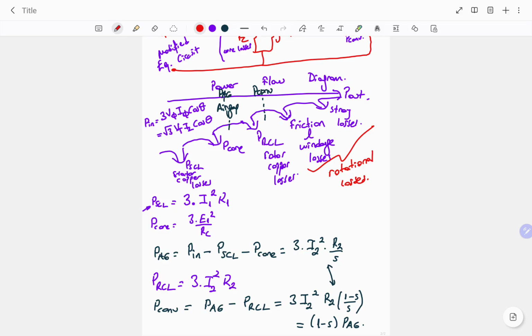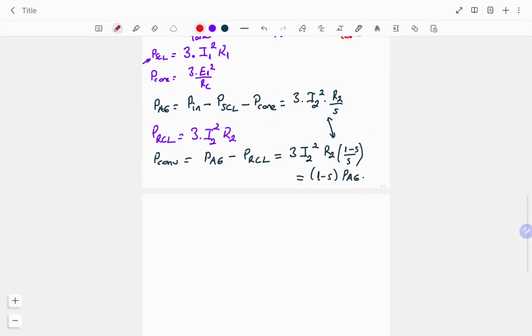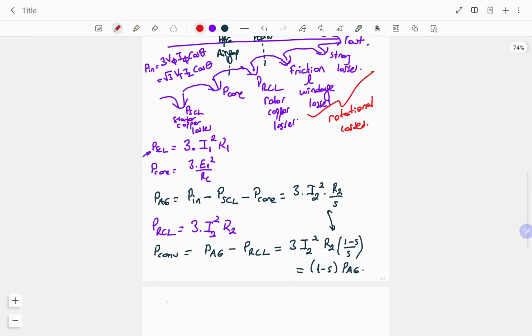The last power we have calculated is the converted power. So from the converted power, if we continue with the losses, we have the output power: converted power minus friction, windage, and stray losses.